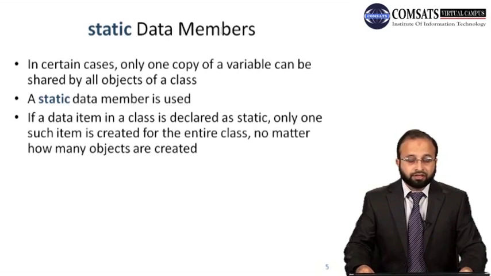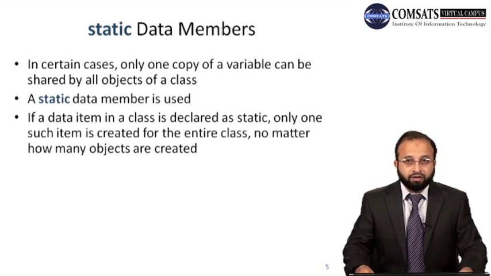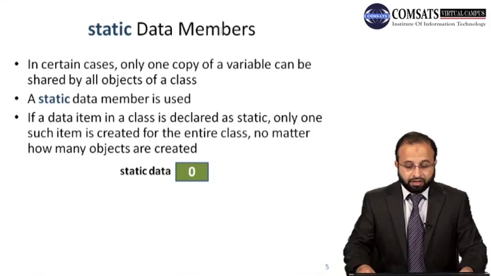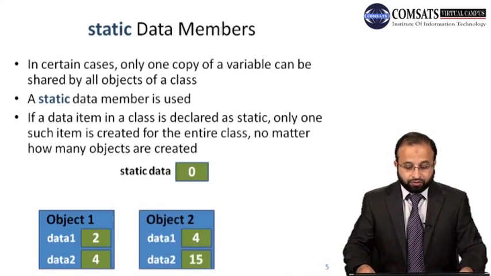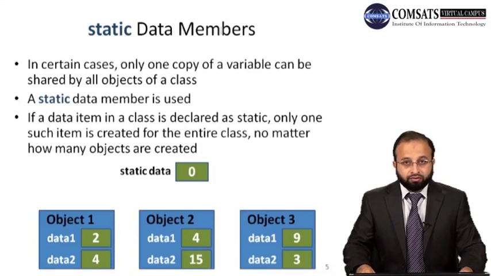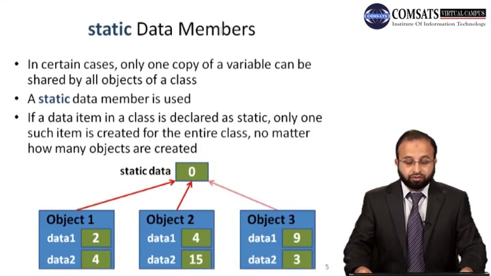So only one copy of that data member is created, and every object has access to that static data member. For example, if we have this static data member and we have object 1, object 2, and object 3, now these 3 objects belong to the same class and they have access to the static data member. This means that they can modify and read the value of the static data member.